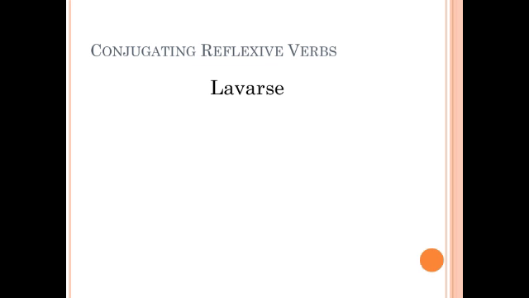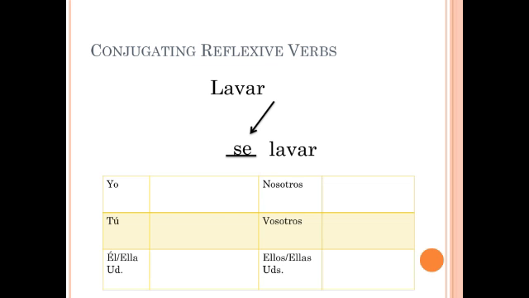So, conjugating reflexive verbs. The first thing you have to do when you conjugate a reflexive verb is take the se off of the verb and put it in the front. And then you're going to conjugate the verb. So let's look at our verb chart. And we need to know one more key thing: the reflexive pronoun changes based on the subject of the sentence.